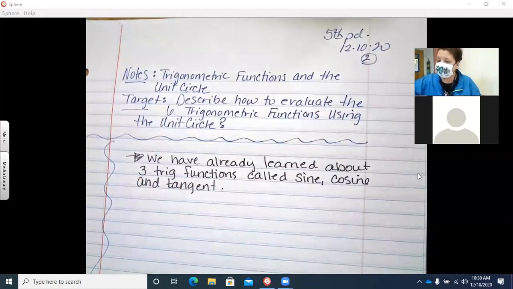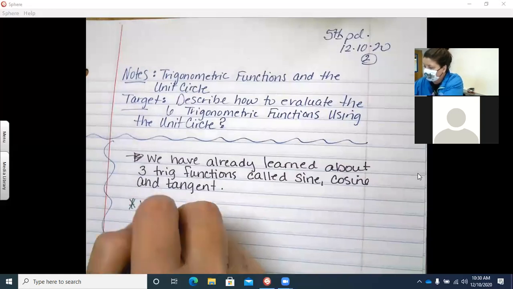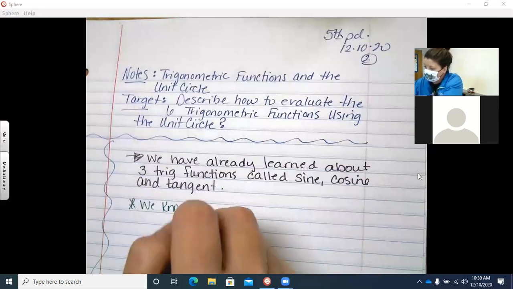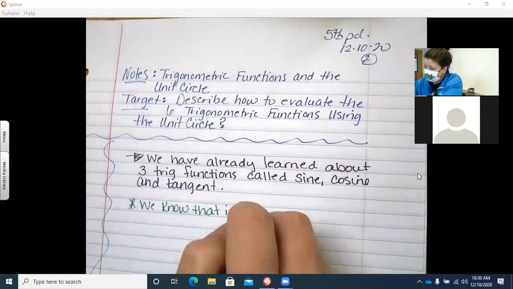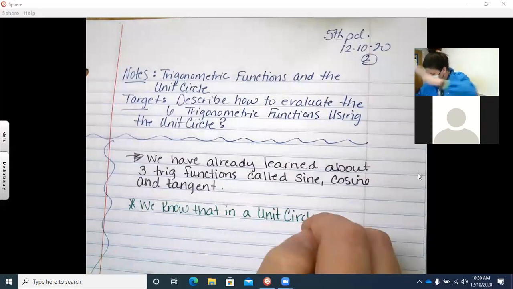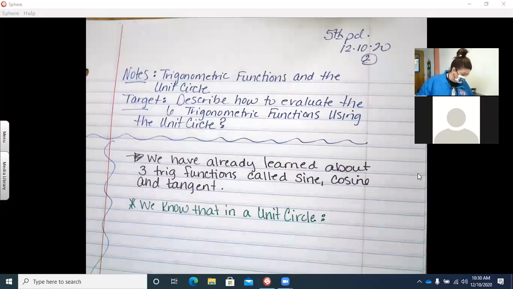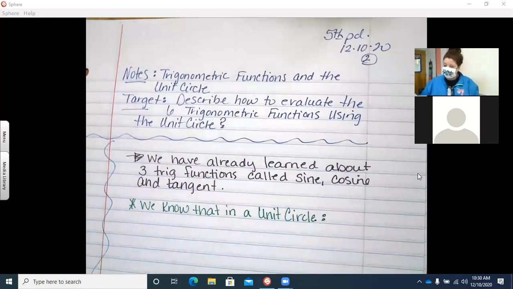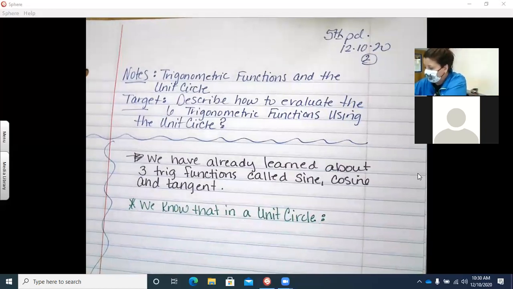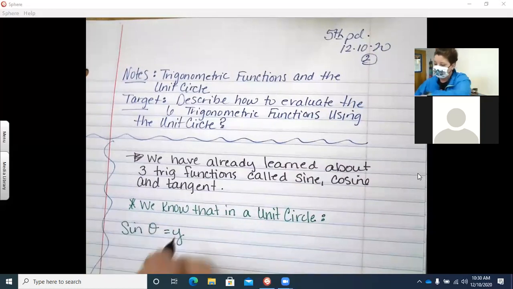Thank goodness. We know that in a unit circle, sine of theta is equal to y. Our sine is our y value in the unit circle.